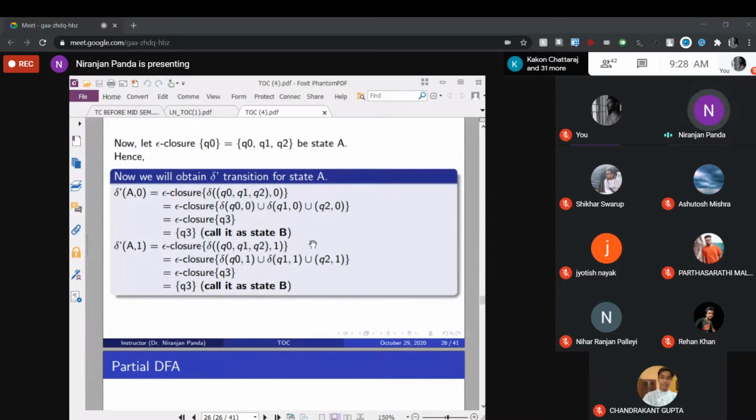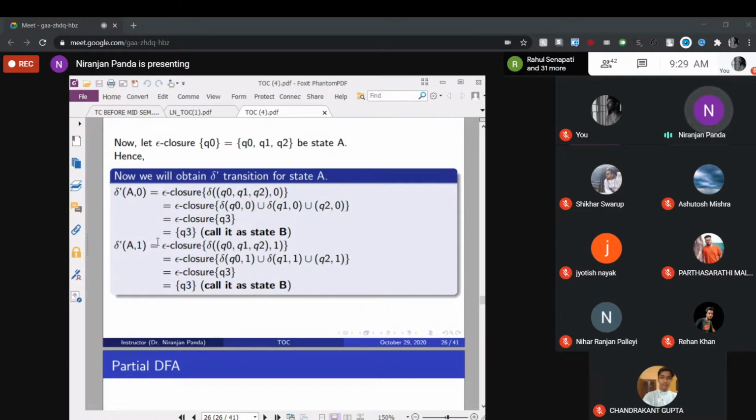Here I have missed the del symbol; there is a del here and here too. Then, going for the extended transition of A, 1. What do you mean by del dash? Have you remembered or forgotten? Del dash means extended transition.